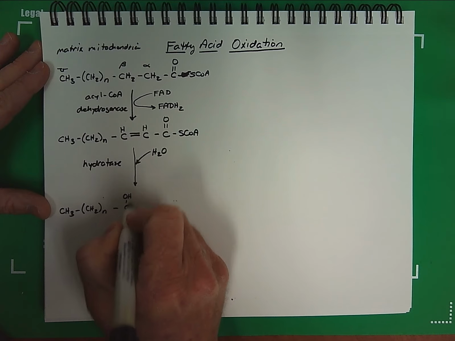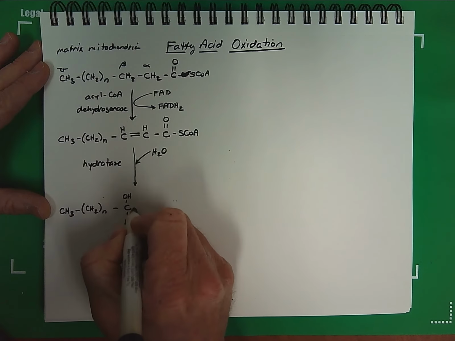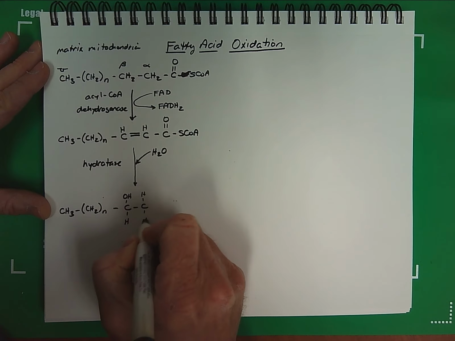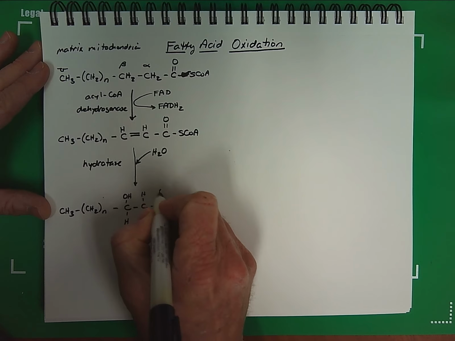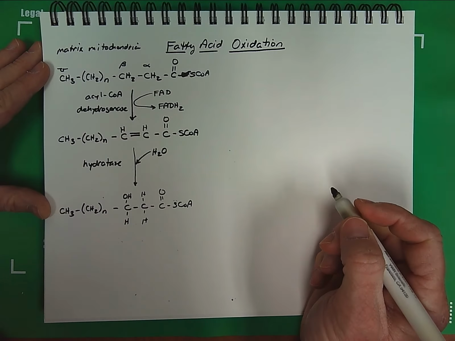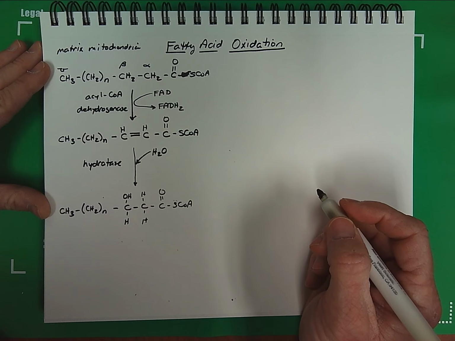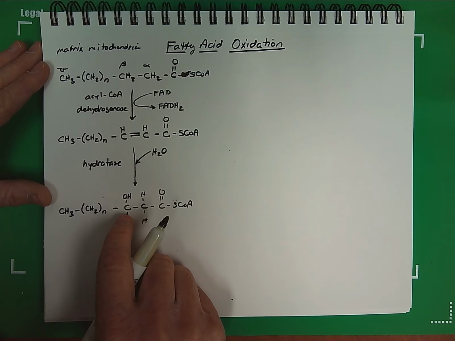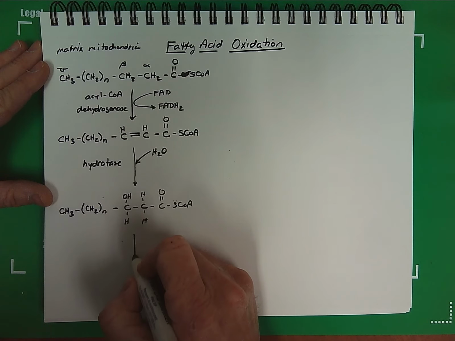The water will be added such that the beta carbon is receiving the hydroxyl portion. So now we've prepared the beta carbon for a next step of an oxidative reaction.